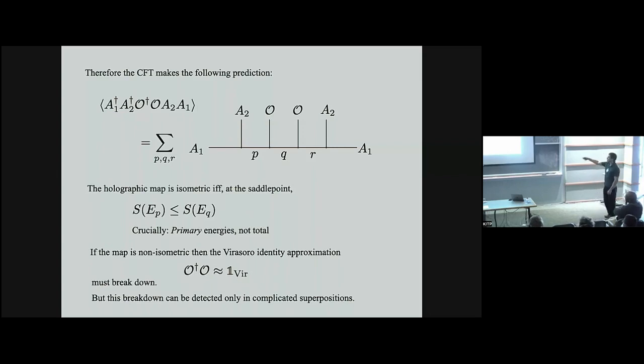It can and does still give the right answer in this correlation function, and it can give the right answer in 1,000 correlation functions. But if we consider complicated superpositions of these external operators, it must break down. So that's the difference between an isometric and a non-isometric code.